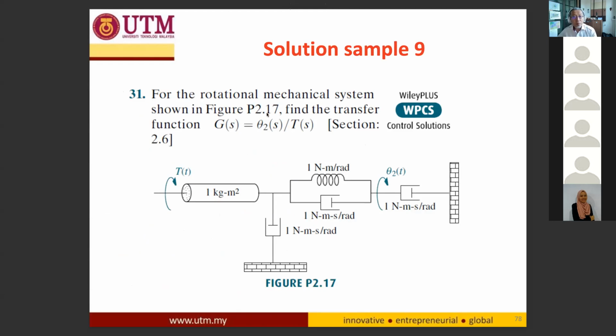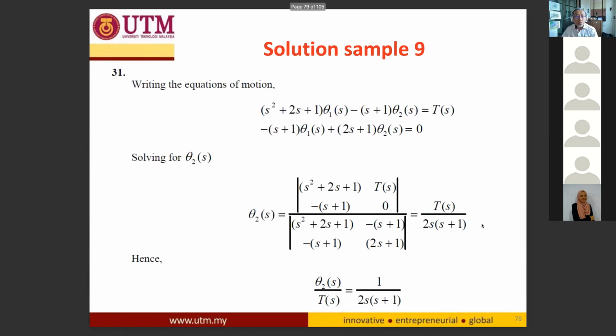Problem 31, where you are given a rotational mechanical system shown in figure 2.17. Find the transfer function θ2 over T. The values are all 1: inertia 1, spring 1, and the dampers also 1. So there are three dampers, one inertia, and one spring.